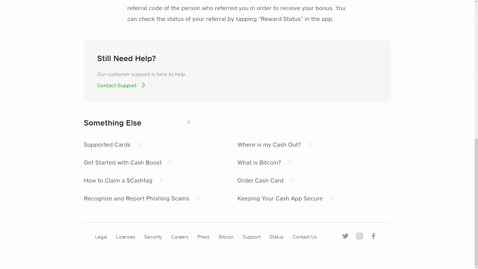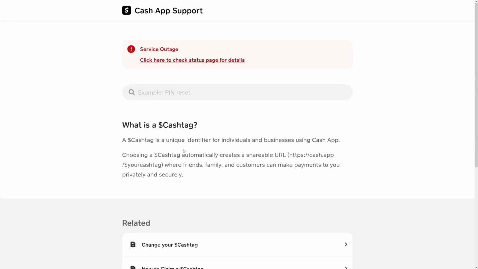It's a handy thing to have. Also, what I like about Cash App is that you always get nice support. You can contact support 24/7, and this is your cash tag. You have to have this cash tag because people are going to send you those initial $5 in order to start with it. So those $5 have to go over via this cash tag.